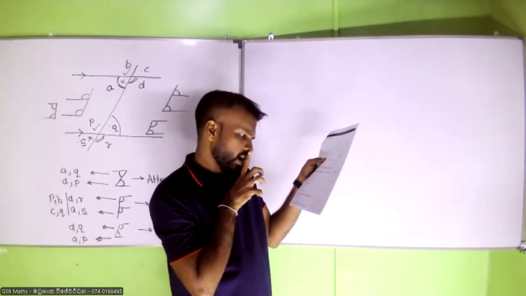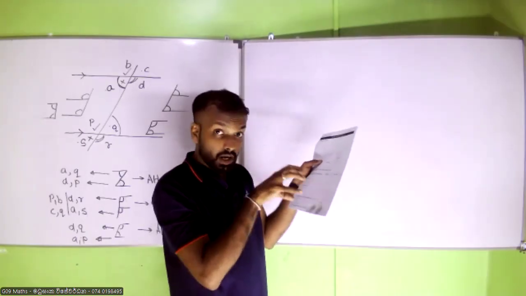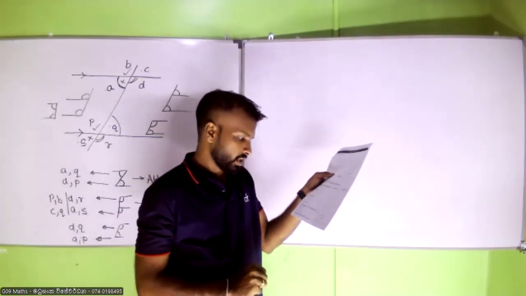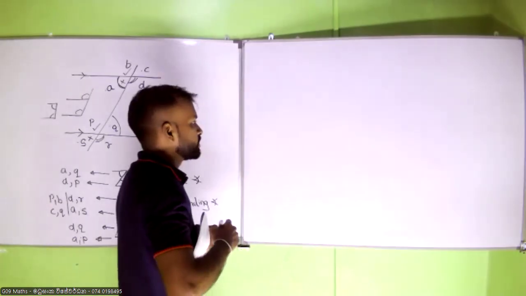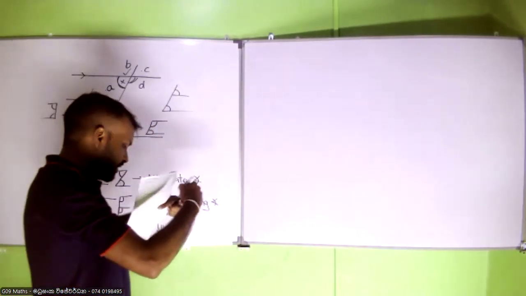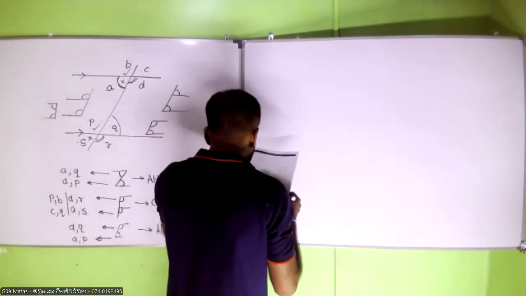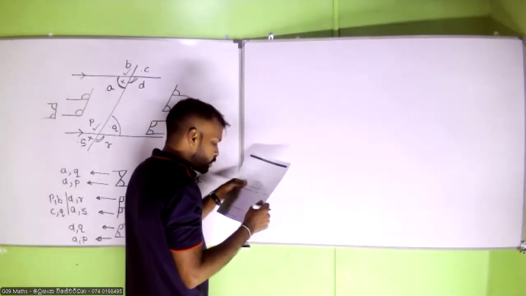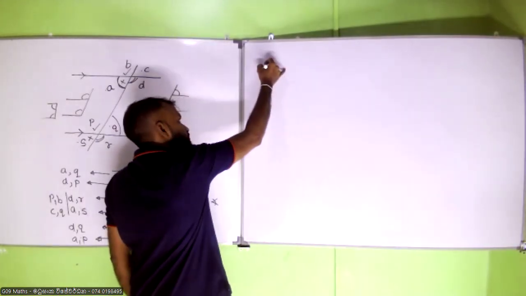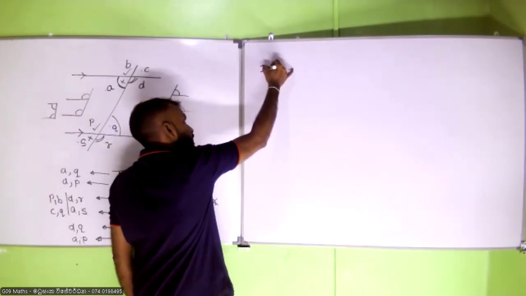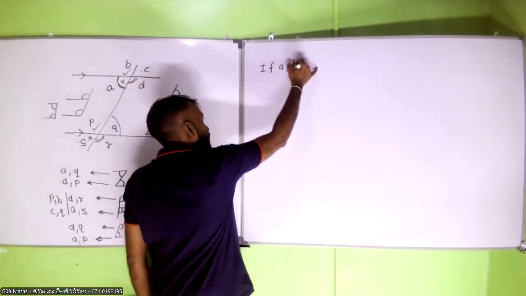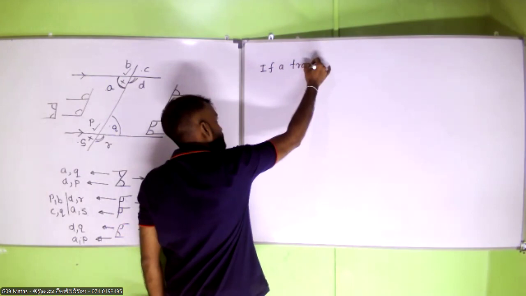Then we have page number 5, last part. In the last part we have seen that if a transversal intersects two parallel lines, this is the special case.